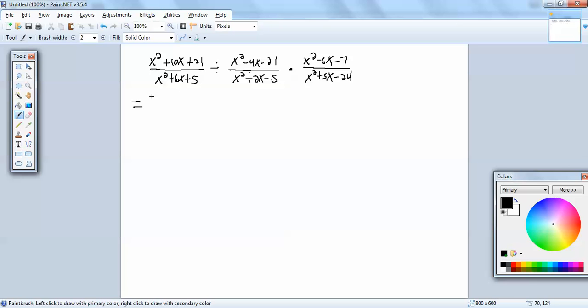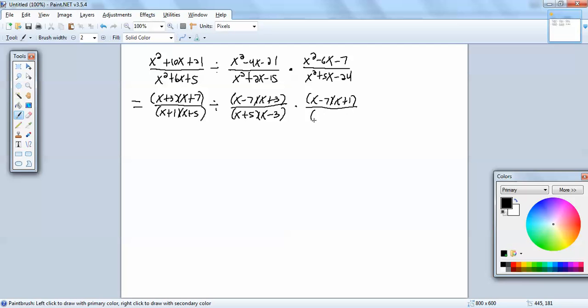Now if I factored all these, this would be x plus 3, x plus 7. This one would be x plus 1, x plus 5, divided by, this is x minus 7 times x plus 3. This one is x plus 5, x minus 3. This one would be x minus 7 times x plus 1. And this one would be x plus 8 times x minus 3.